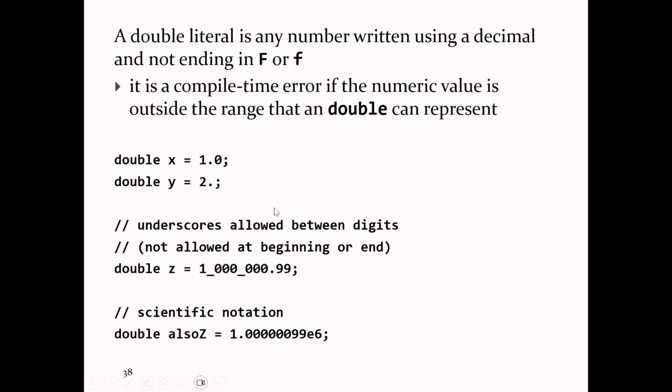You can also use underscores inside your number if you want to. You have scientific notation if you want to use that as well. If you don't know what scientific notation is, that e means times 10 to the power 6 in this case. That number there has to be an integer. It can be negative. So e, some integer, just means times 10 to that integer power. So this is 1 point whatever. It's that number there written using scientific notation.